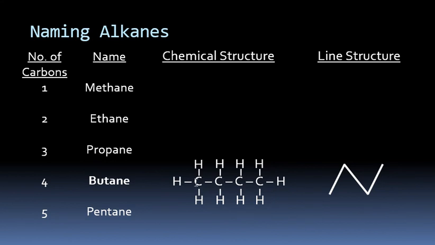To represent the line structure for this molecule, we have 4 carbons, therefore we are going to have 4 points. 1, 2, 3, and 4. And then we are simply going to leave out the bonds going to the hydrogen, whereas this carbon right here would be this point right here.